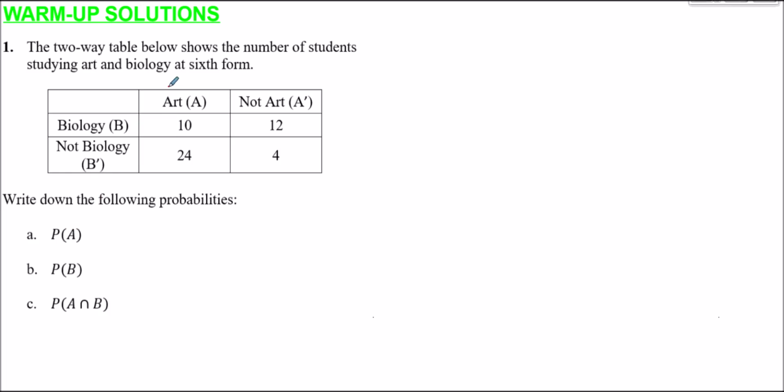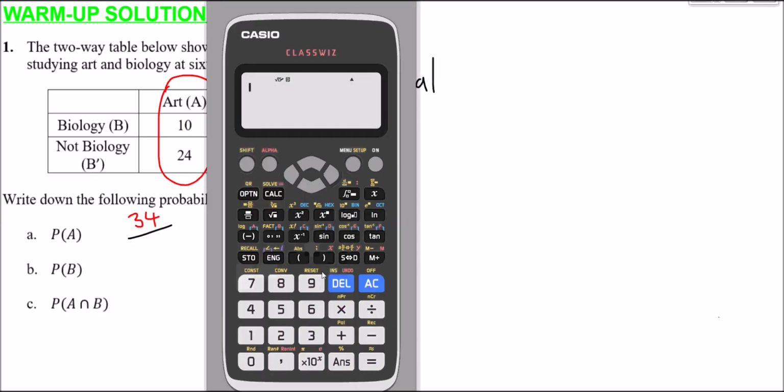Well, the students studying art are these lot. So studying art, we've got 34, but we don't know out of how many yet. So what we need to do is total up all these values. The grand total number of students, we just need to sum these four values in the table. First of all, I'm going to add up the number doing art.